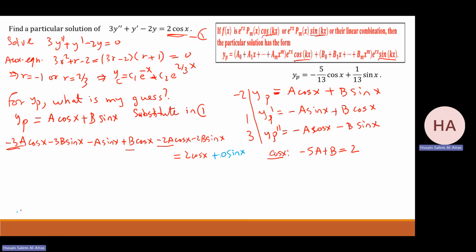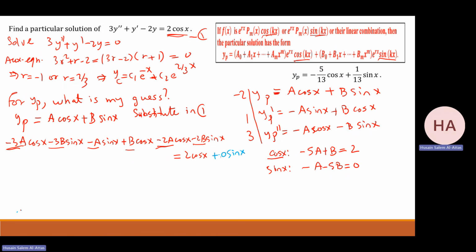So I have minus 3a minus 2a. That gives me minus 5a plus b, and that should equal 2. Now, what is the coefficient for sine? I have minus 3b minus a minus 2b. So I have minus a minus 5b, and that should equal 0.